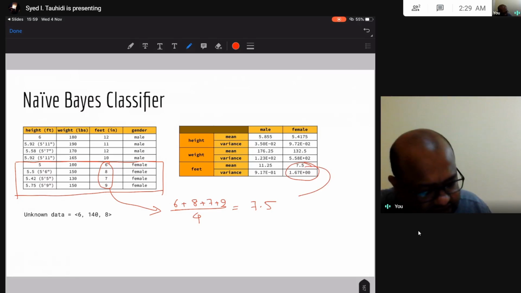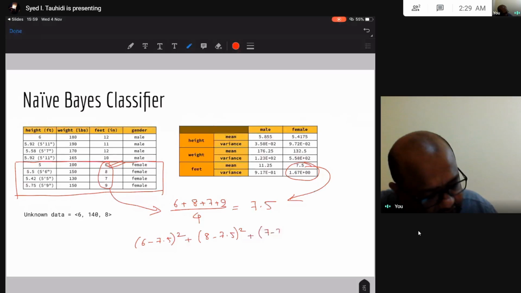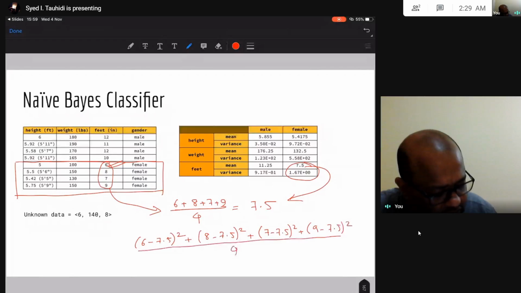Then how do I get the variance? The variance is going to be 6 minus 7.5 square. I take each value, subtract the mean, and then take the square. So 8 minus 7.5 square, 7 minus 7.5 square, plus 9 minus 7.5 square, divided by 4, and this is equal to 1.67.